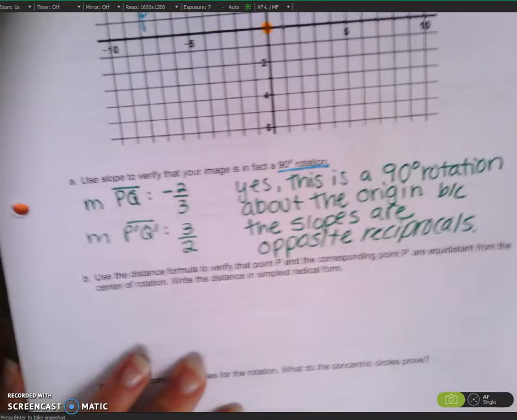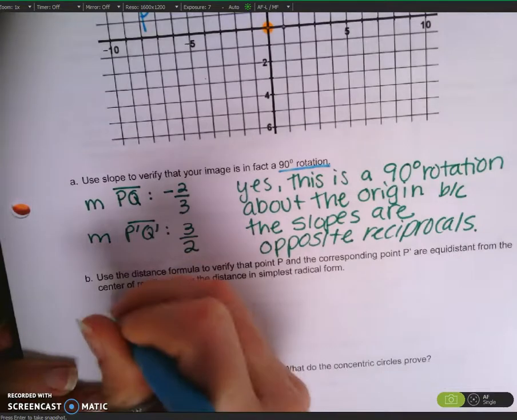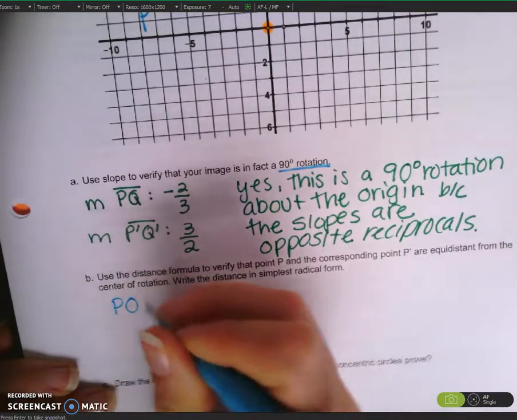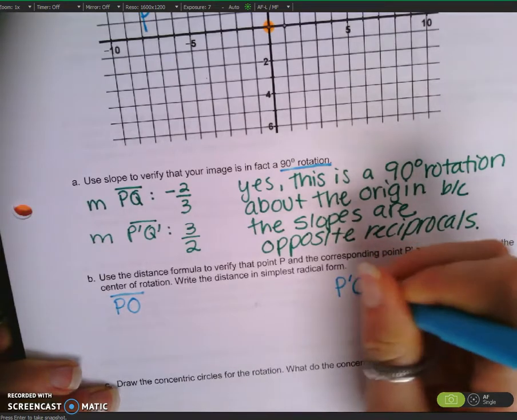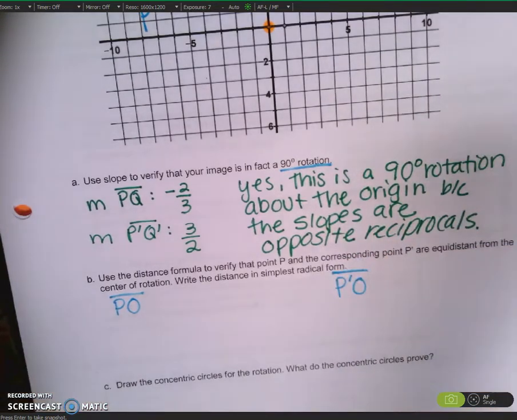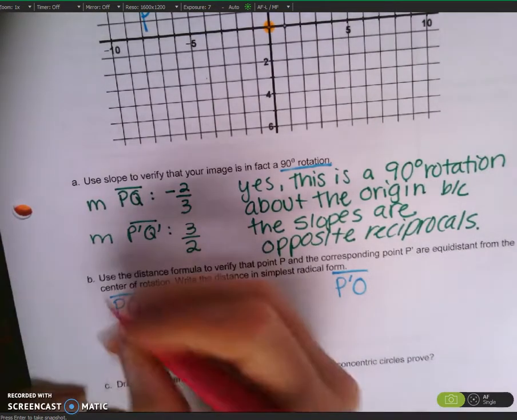So to use the distance formula, I need to find the distance of PO, and the distance of P prime O. Go ahead and find the distance of those two coordinates.